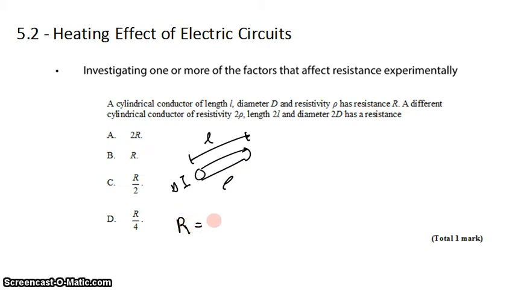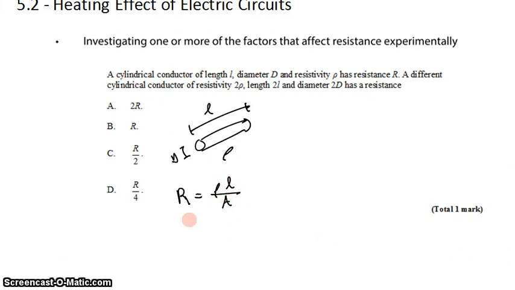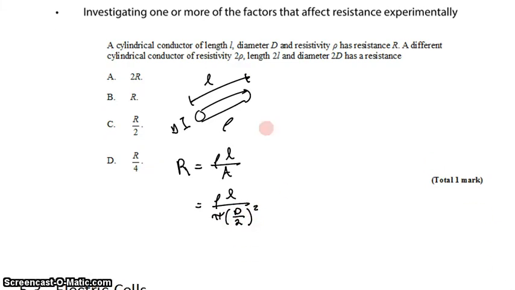Resistance is normally ρL on A, but we're not given the cross-sectional area A, we're given the diameter, so we'll call that ρL on πr squared. D on 2 would be the same as r.